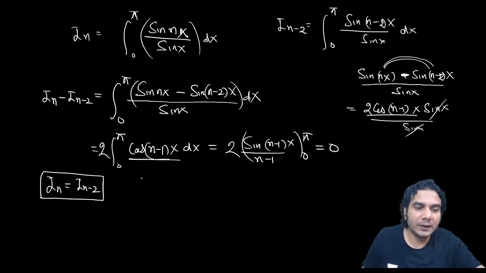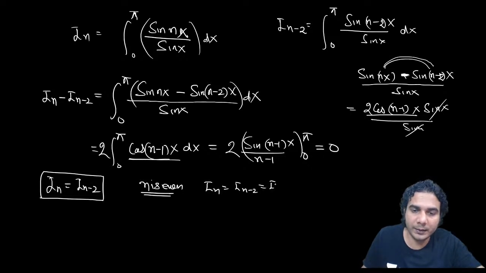That means if you have even or odd n, accordingly it will end at 1 or 2 or 0, you can say. So if n is even, then what is your answer? I_n is equal to I_{n-2} is equal to I_{n-4}. All these indices are even numbers now.